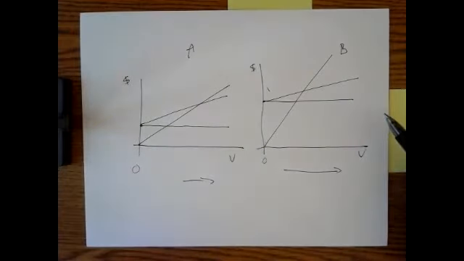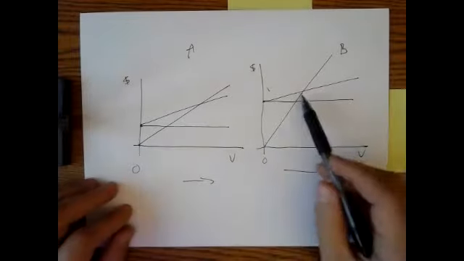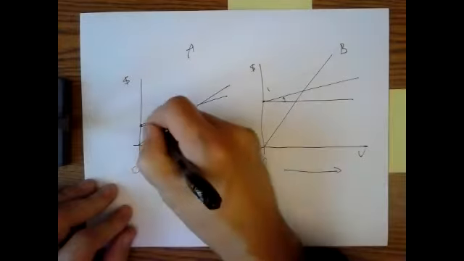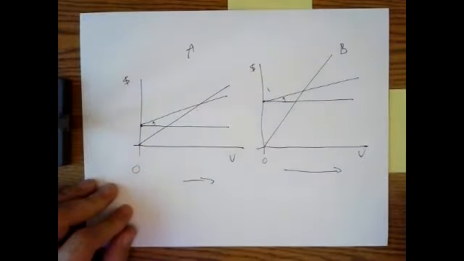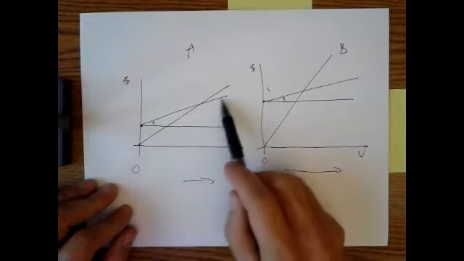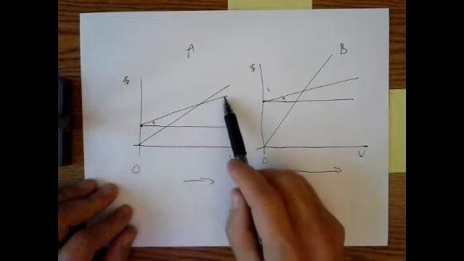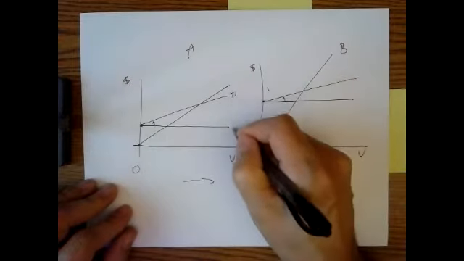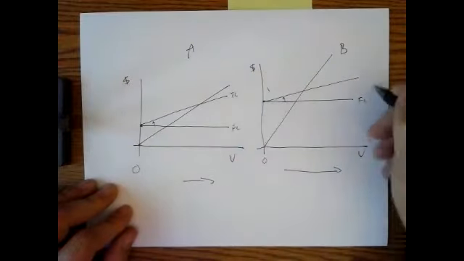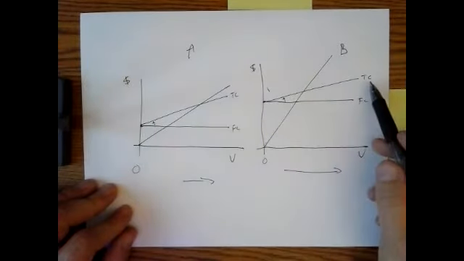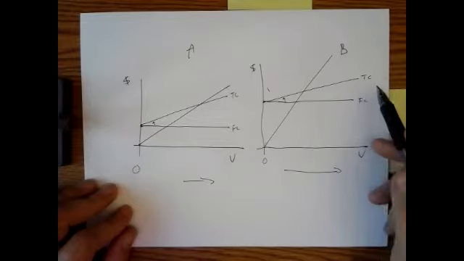The book and my drawing don't make the difference in angle huge, but you can see that A's total cost line is a little steeper than B's total cost line.